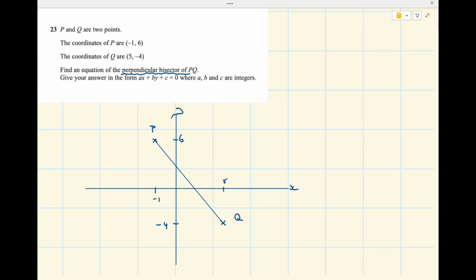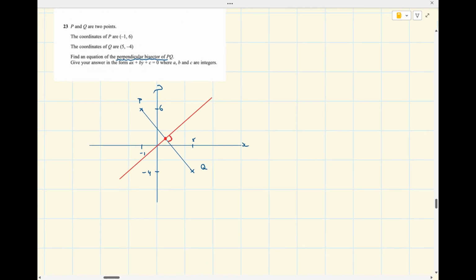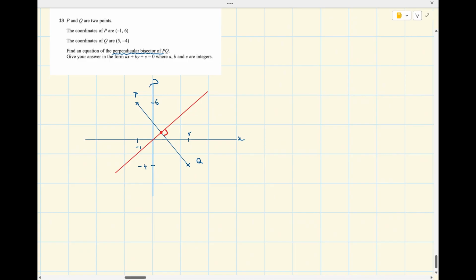And we're asked to find an equation for the perpendicular bisector. So 2 things. It's going to bisect the line PQ, so it has to be going through the midpoint of P and Q. And it has to be perpendicular to PQ. So I have no idea where it's going to go. Roughly, it's going to go there, isn't it? Where that's the midpoint and that's a right angle. Okay, good. So I'm thinking 2 things, because we have to find an equation for that red line.